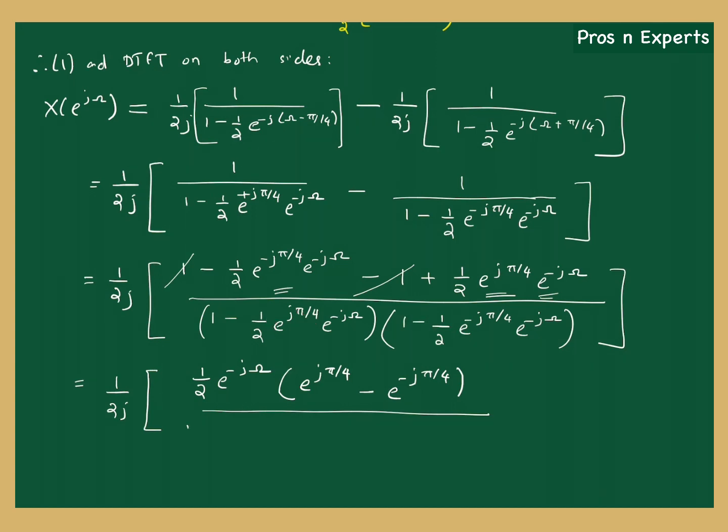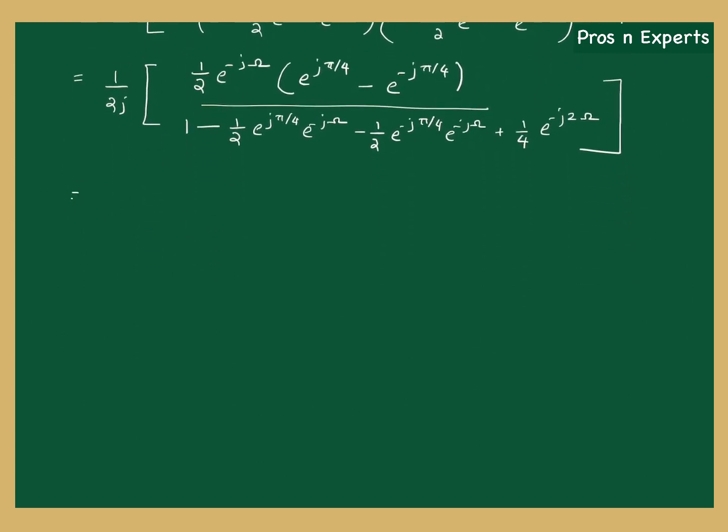So it becomes 1 minus half e raised to j pi by 4 e raised to minus j omega, minus half e raised to minus j pi by 4 e raised to minus j omega, plus 1 by 4 e raised to j pi by 4 multiplied by e raised to minus j pi by 4 will give you 1, and e raised to minus j omega into e raised to minus j omega will give you e raised to minus j 2 omega. Okay, so that is the expansion.